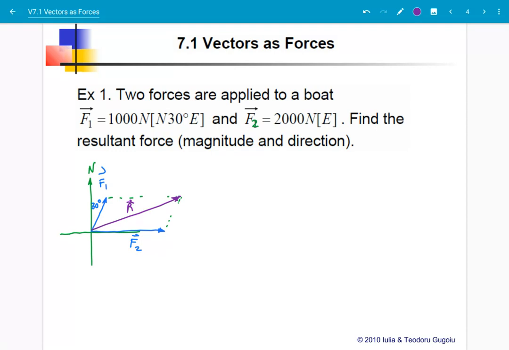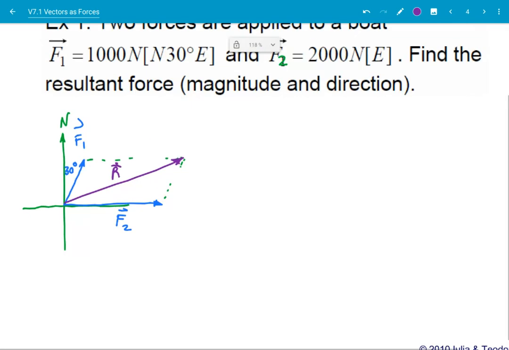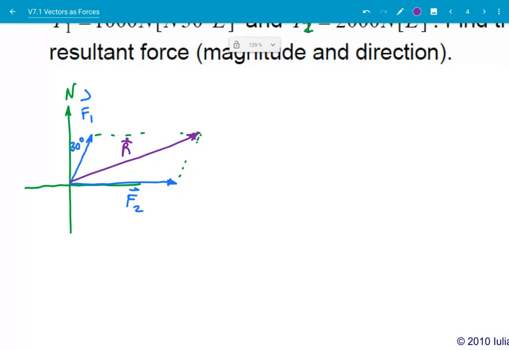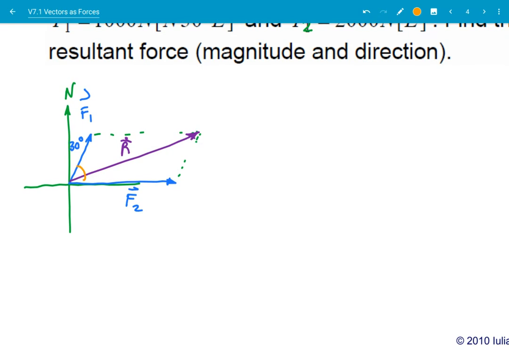We need to add up the forces to get the resultant. Just looking a little closer. Right, this has to be 60, which means this is 60, right? We have the F pattern, making this 120 degrees.